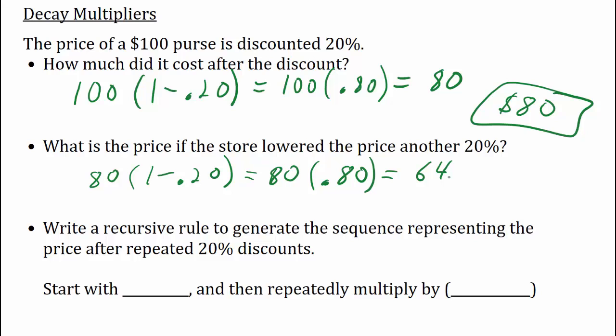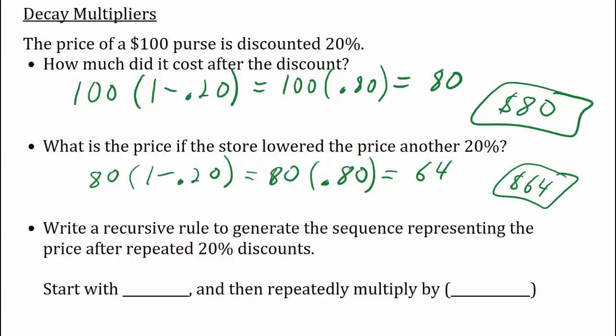So after the store lowers the price another 20%, now the purse costs $64. Notice that the first discount resulted in a discount of $20. The second time we lowered the price by 20%, it only decreased by $16. So it declined by less, even though the discount was the same.